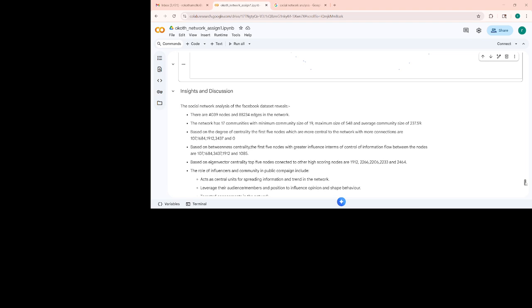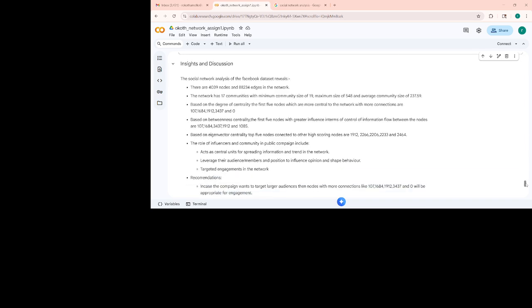Generally, the role of influencers and communities in public campaigns include that they act as a central unit for spreading information and trends in the network. They also can leverage their audience, members and positions to influence opinion and shape behavior. We can also use the same for targeted engagement in the network.